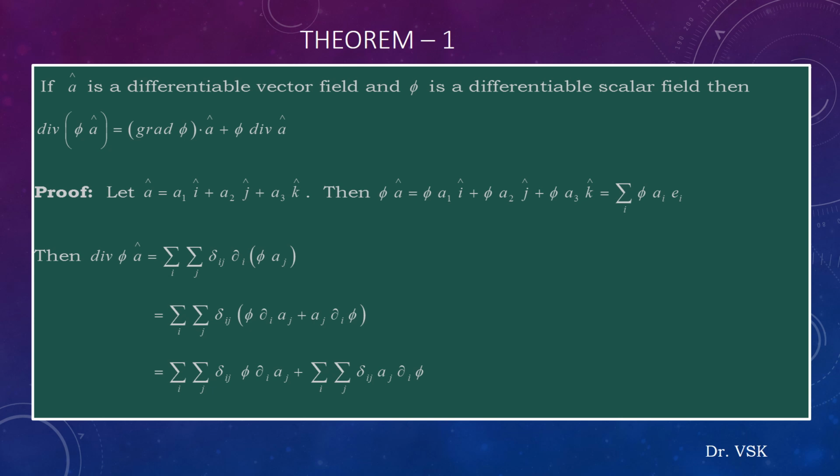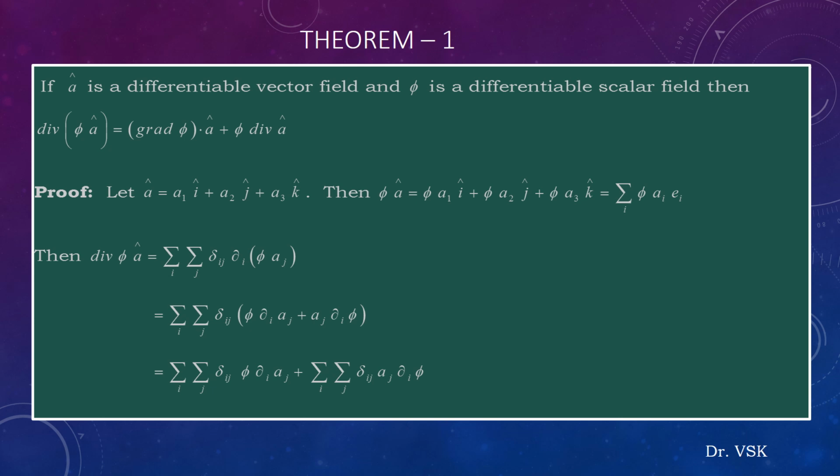Now, let us prove the third identity in the list as our first theorem, because I have already proved the first and second identities in my previous lecture, part 5.